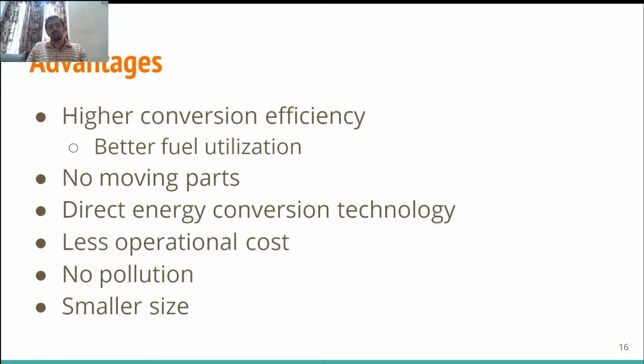Because you may have to have a magnet of very high strength and all this duct, nozzle, fuel generation. So once it is established, the operational and maintenance costs are pretty less. Pollution: there is no pollution except in the case of power generation, for which you can use a renewable source of energy. And compared to the conventional power plants, the size is very small.